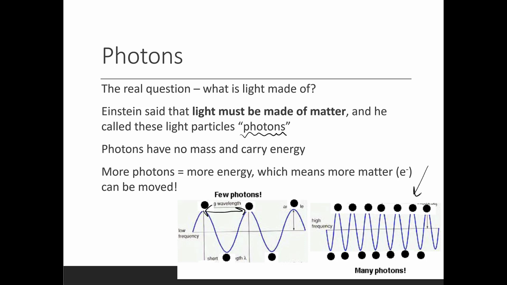Whereas over here, we have a very short wavelength, very high frequency, and we have lots of photons. That means that this is more energy, right? So higher frequency means higher energy. Lower frequency means lower energy.